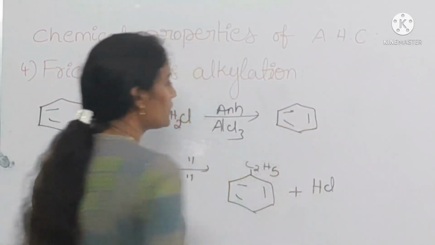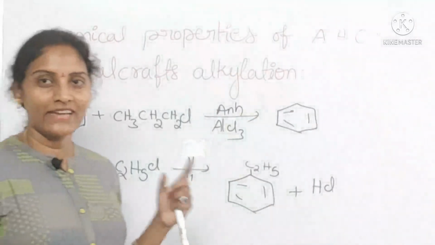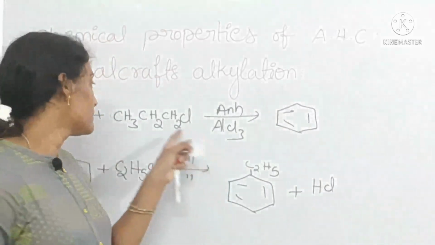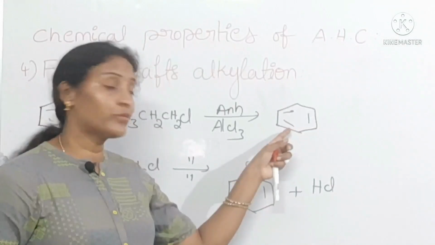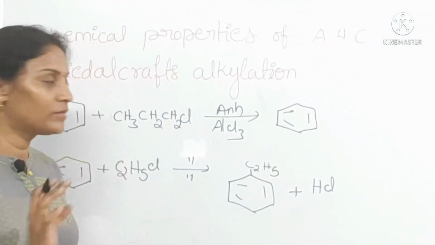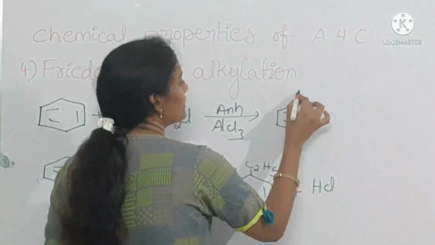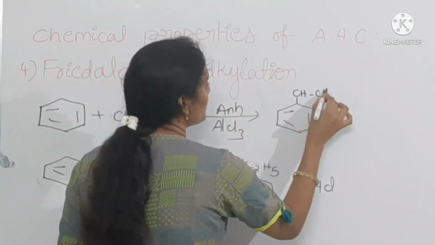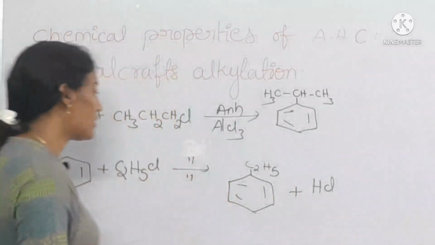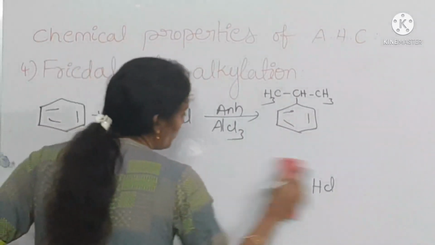You may directly write n-propyl benzene as the product, but that is not the product here. The main product is isopropyl benzene. Why? I will explain now.